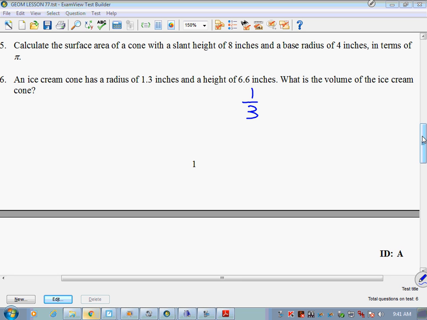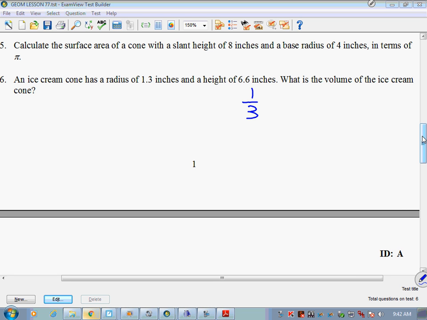1/3 times base times, okay, so the base of a cone is what formula? Area, so how do I find the area of the base of a cone? How do I find that B that you're talking about? What shape is the base of a cone?